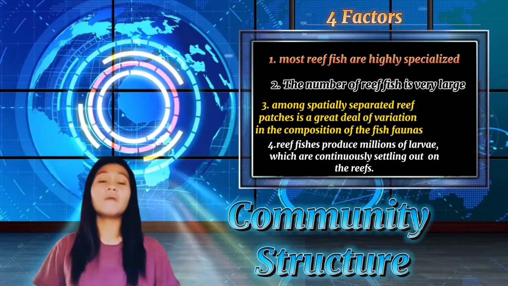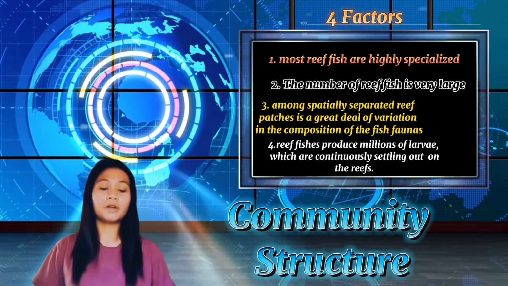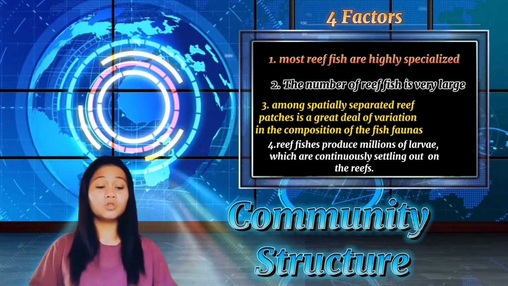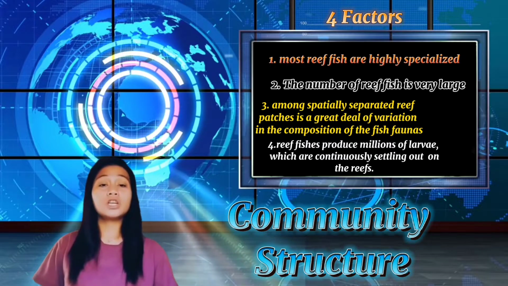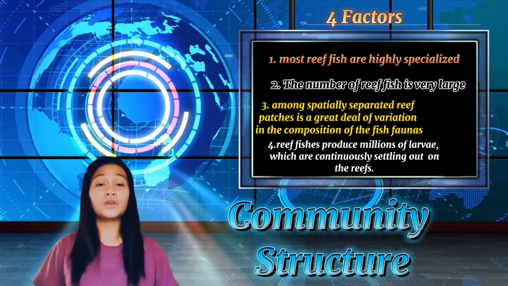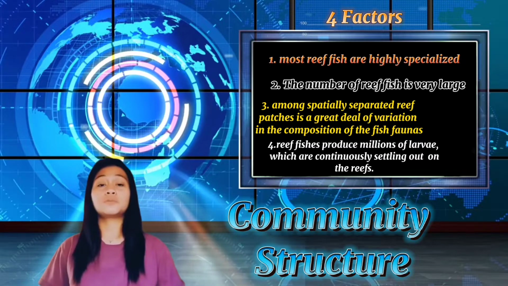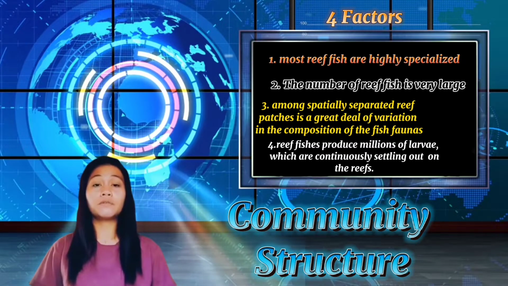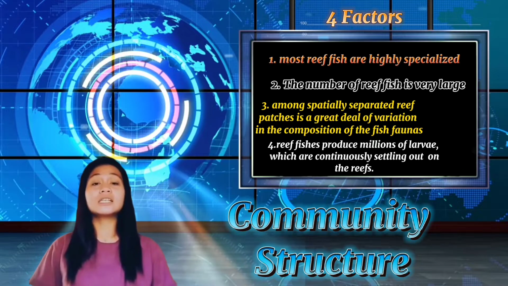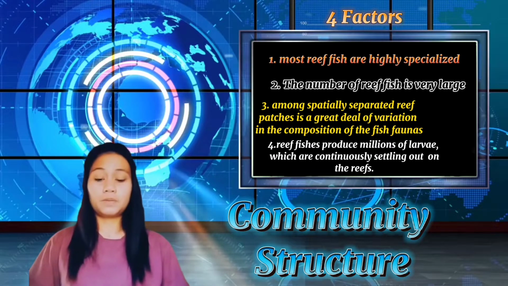Third, among spatially separated reef patches there is a great deal of variation in the composition of the fish fauna. And fourth, reef fishes produce millions of larvae which are continuously settling out onto the reefs.